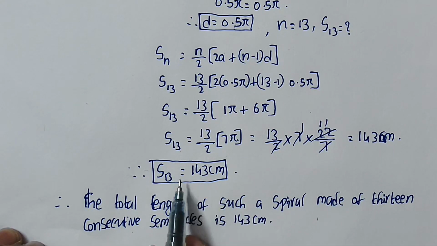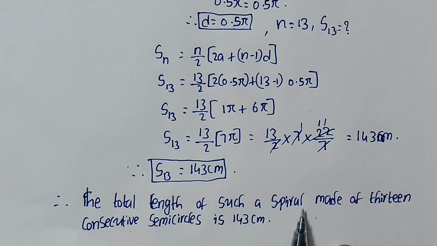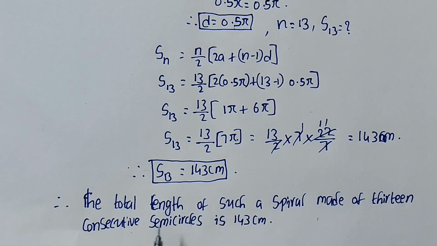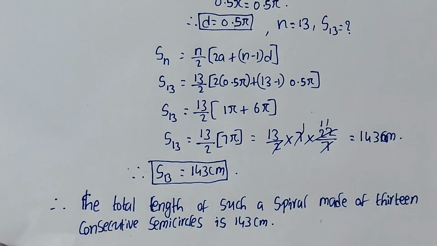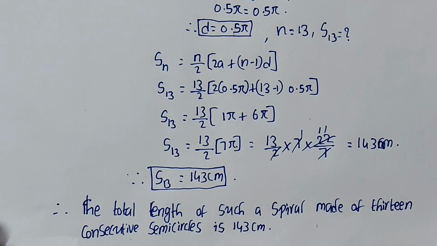Understand? So the total length of such a spiral made of 13 consecutive semicircles we got is 143 centimeters. So we have completed the 18th question. Now let's go to the 19th question.